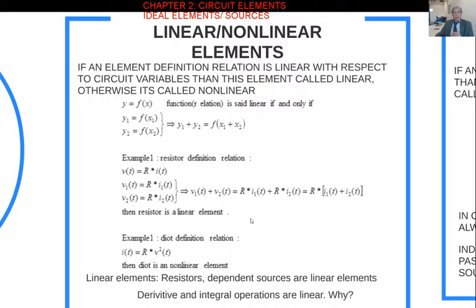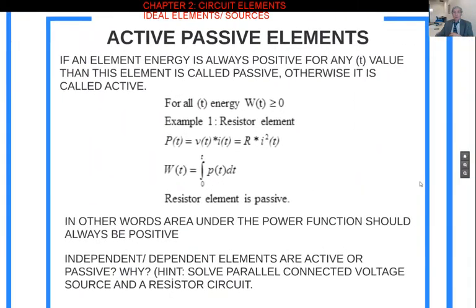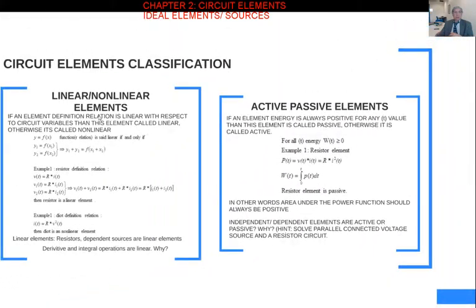So we know how we are going to classify our elements as linear or nonlinear. In the previous part, the dependent sources, 4 of them, are all linear elements, and the resistor is also a linear element.